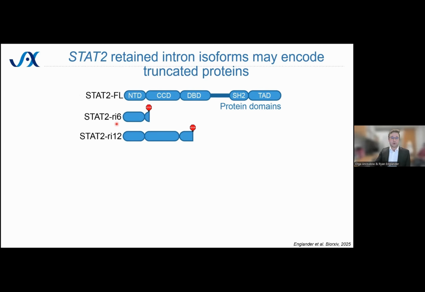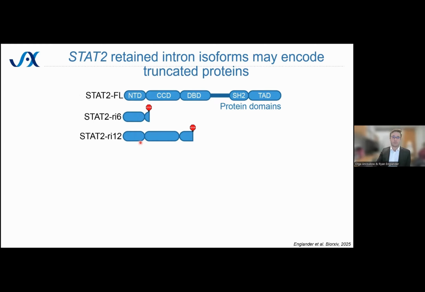You'll notice that both RI6 and RI12 lack those C-terminal functional domains. The predicted protein from RI6 also lacks the vast majority of the N-terminal domains that would allow retained intron 6 derived protein to bind its binding partners, but retained intron 12 actually retains most of those domains.